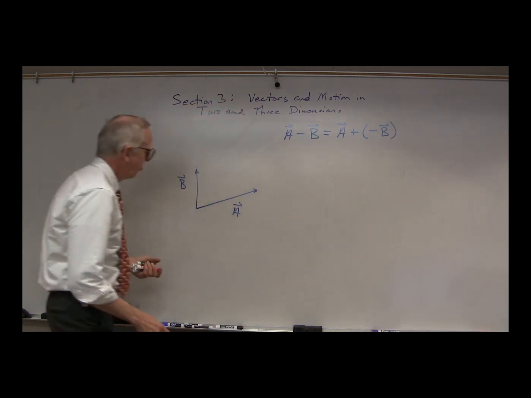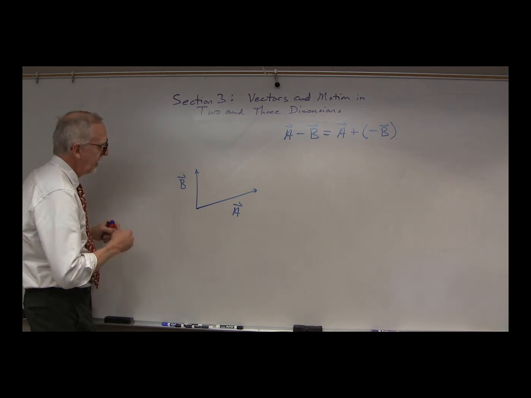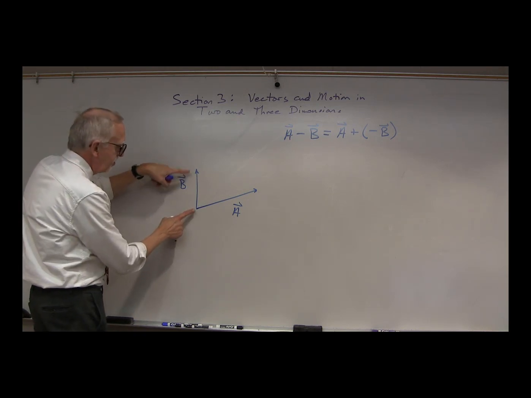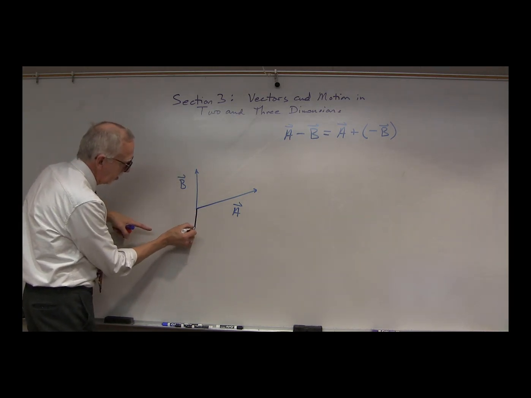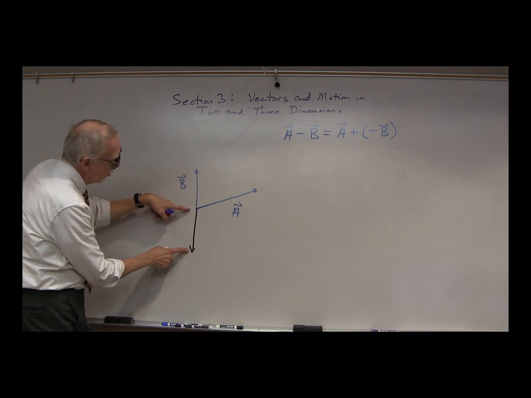In other words, over here, what's negative b? Negative b will be the same magnitude as b, but in the opposite direction, which would look like that. And then we add that to a.